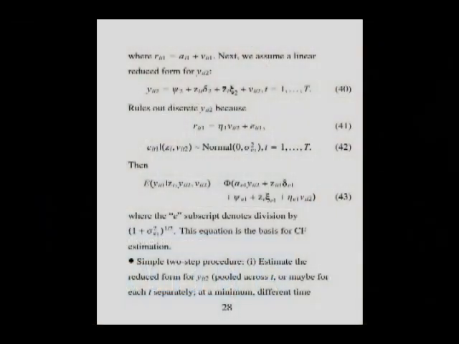And then when you plug this in, you get the equation at the bottom of page 39. And there's still an unobserved variable in there, which is RIT, but it's now the sum of two pieces.